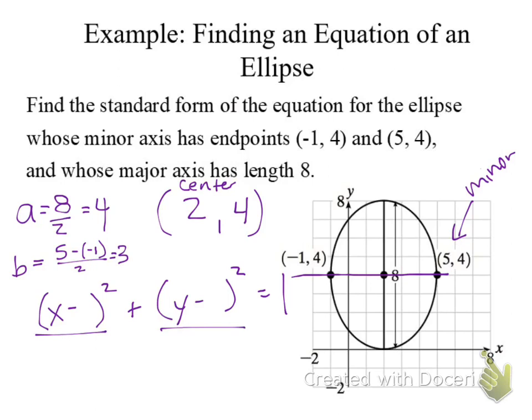So that's going to be 4 squared. It happens to be that the center is at 4. Okay, and so X's center is at 2, and B is going to go with 3 squared. So for the sake of sanity with this problem, I would encourage you to go ahead and square the 3 and the 4. And so I'm just going to erase because of space and write the 9 and the 16 in there. Okay.